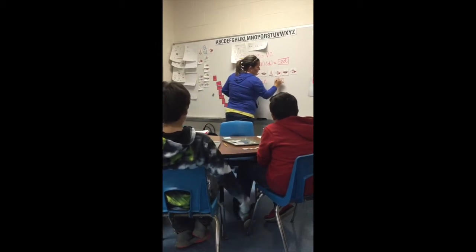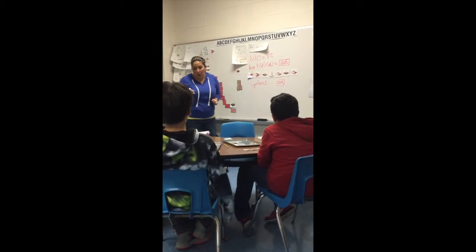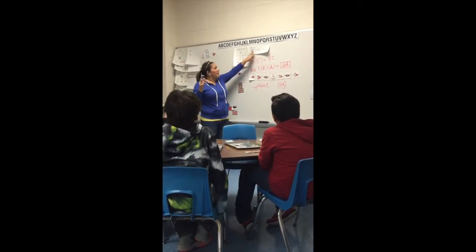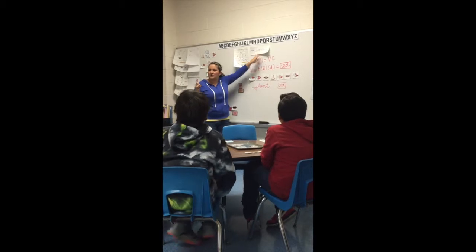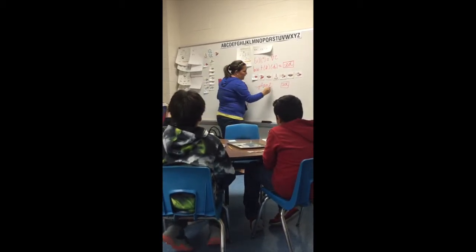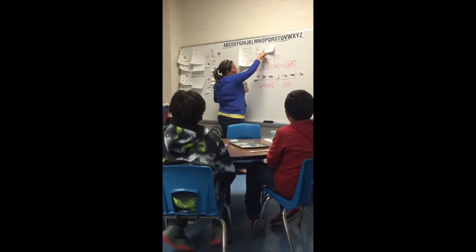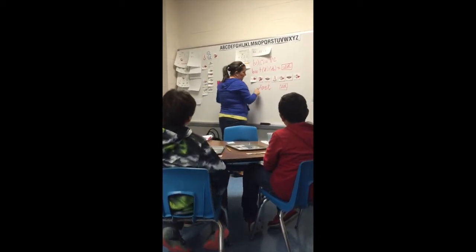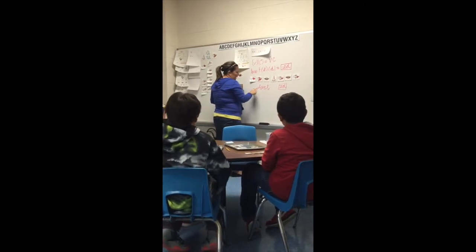Yes. Okay, so I need to make a decision. So how do I make a decision? I need to check the last 3 letters of my base word. Last 3 letters. And if I have 2 consonants, what do I do? Just add. So I'm going to write, tell me how to spell it.